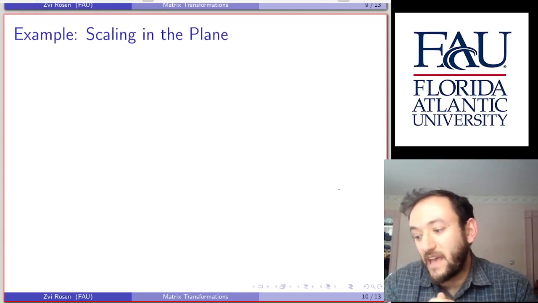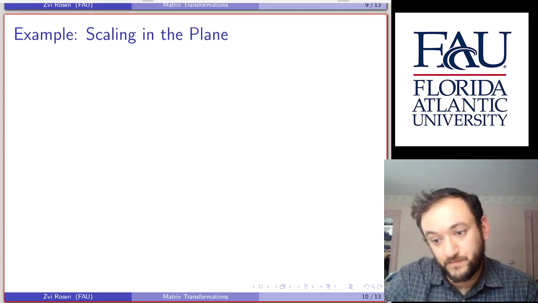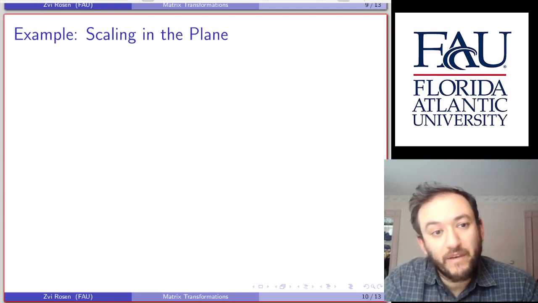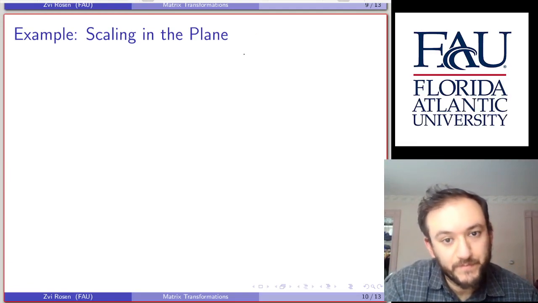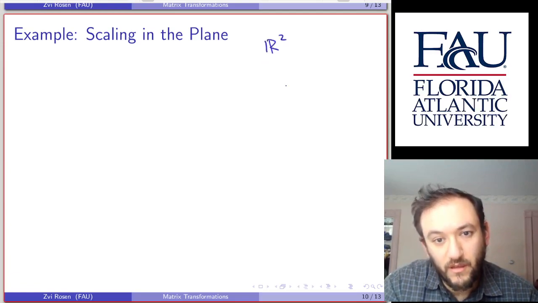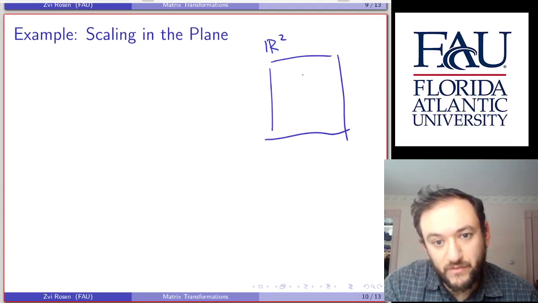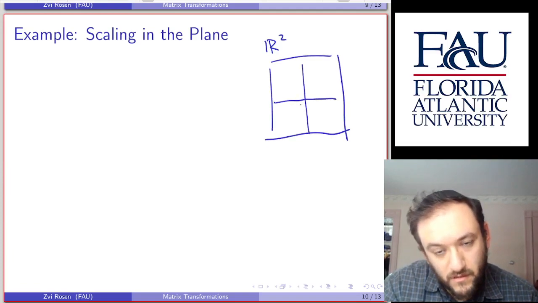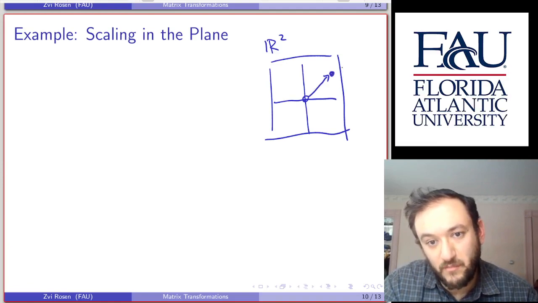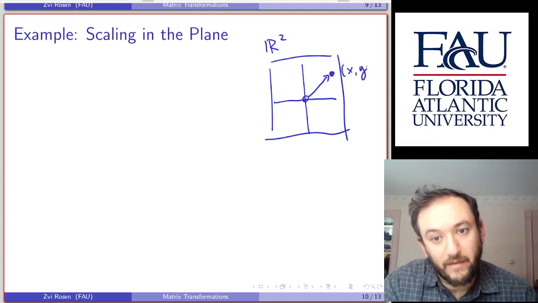Okay, so let's look at some more examples. So we'll look now at scaling in the plane. And what I mean by the plane is R2. You can think about R2 as pairs of real numbers that correspond to certain arrows, originating at 0, 0 and going to some point x, y.